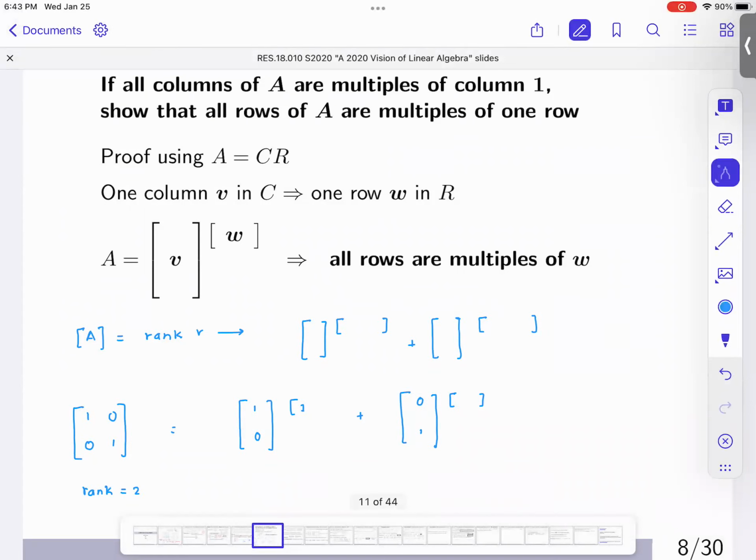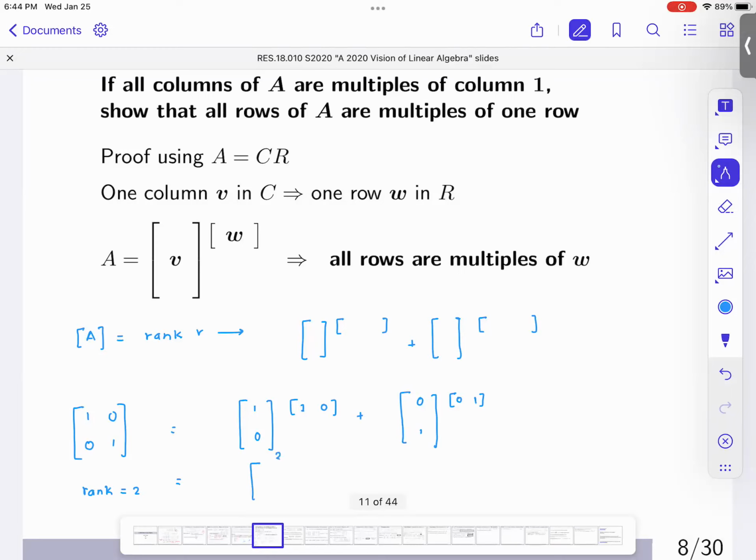First row, first column, second row, first column. So now what I want you to do is, I want you to see this map.